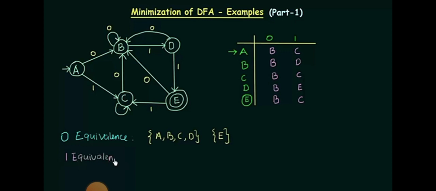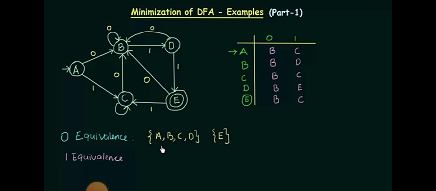To write the one equivalence, you have to look at the row of zero equivalence, and you see that these 4 states are in one set. Now you have to check if these states are one equivalent to each other. For checking A and B, you have to check in the transition table where A and B go to on getting input 0 and 1.